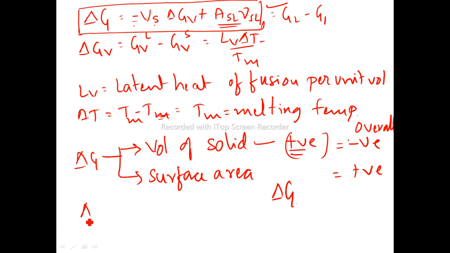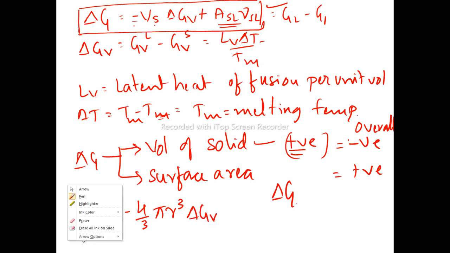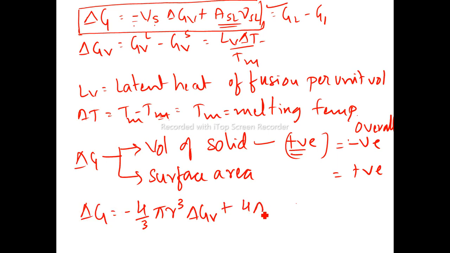Then finally, we can write this equation as minus 4 by 3 pi r cube into delta GV plus 4 pi r square into gamma S. Here we consider the new solid to be a sphere.